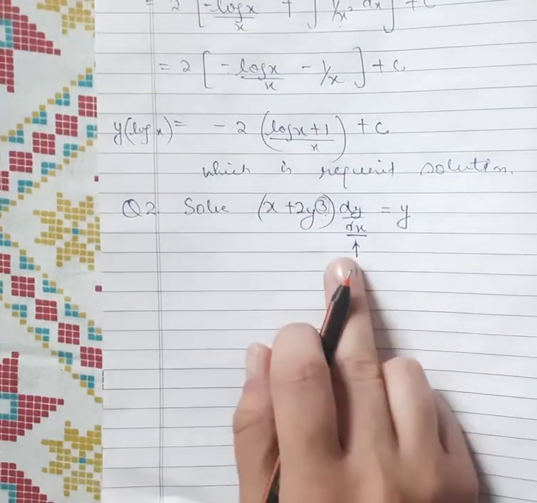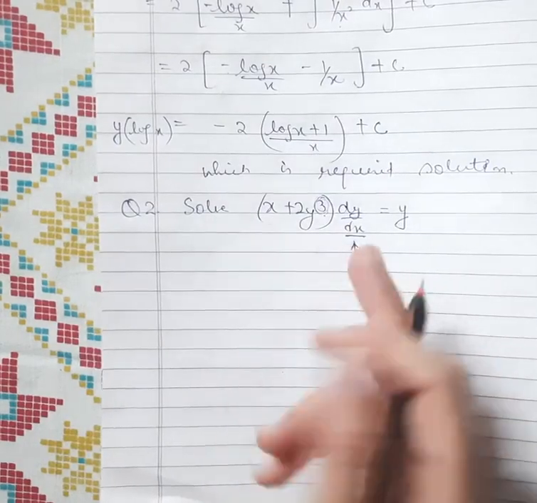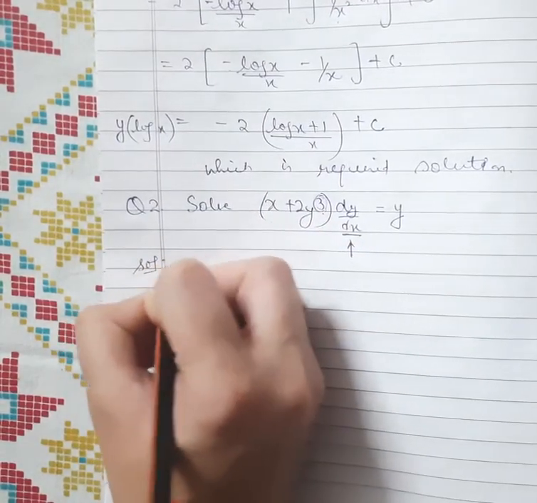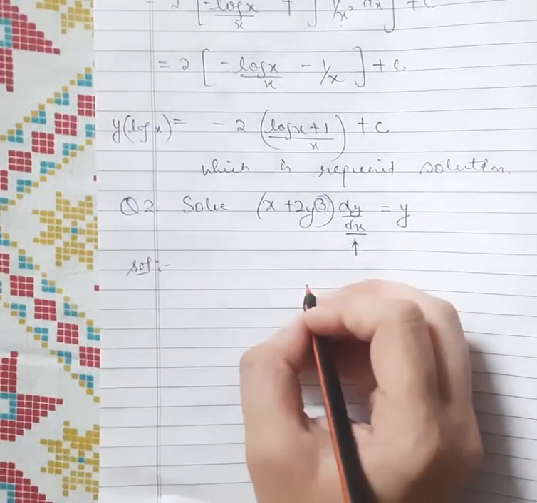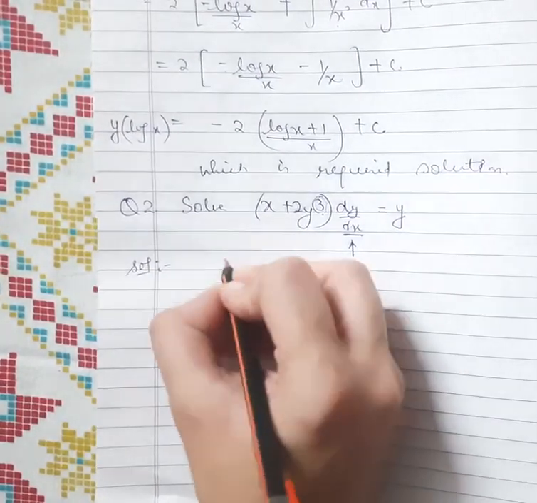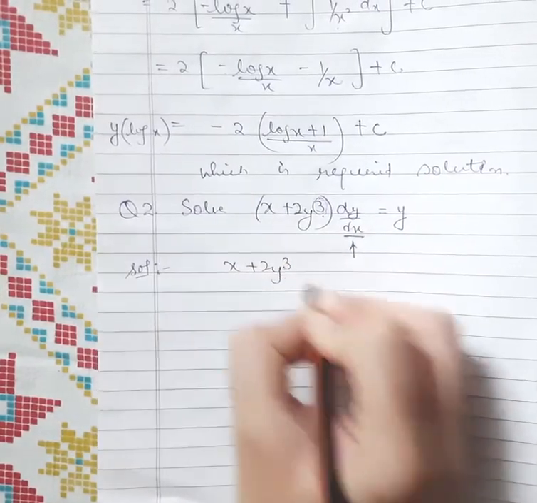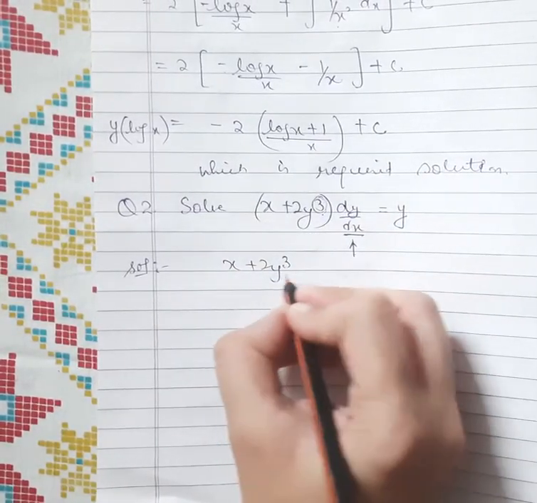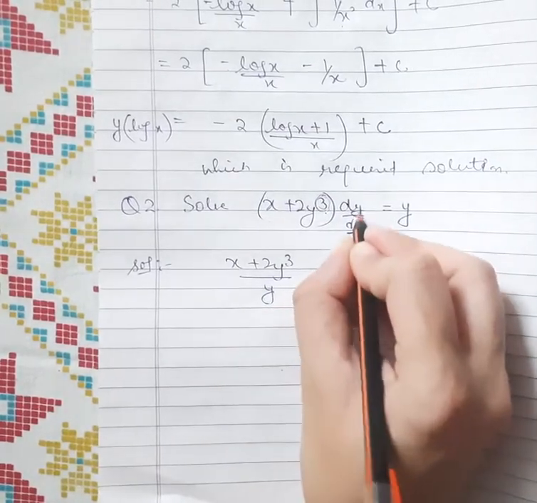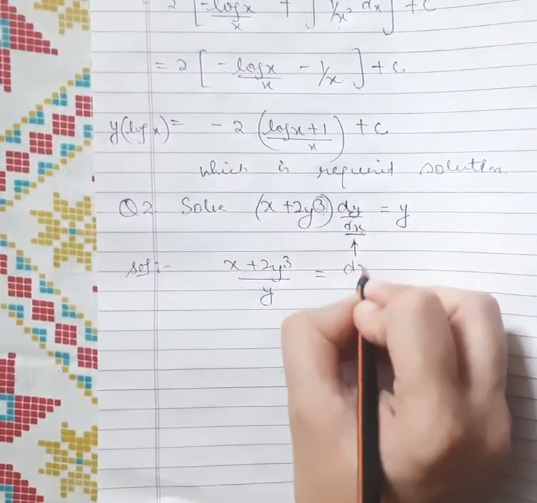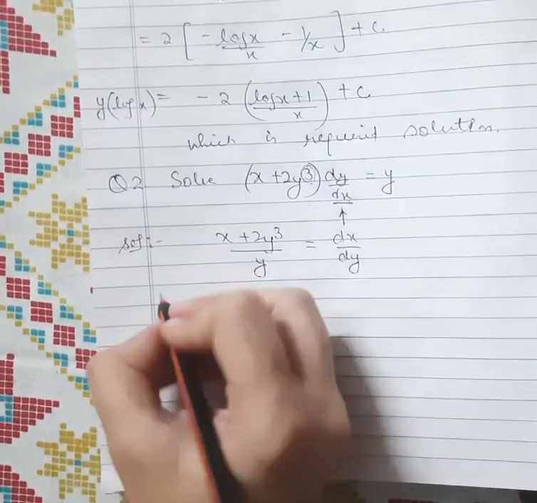What I will do here, I will convert this equation into the form of dx upon dy. Now let's see if we are successful or not. So we can write this equation as x plus 2y cube. Shift this y to left side, so this will go in denominator, and this term dy by dx to the other side, dx upon dy.